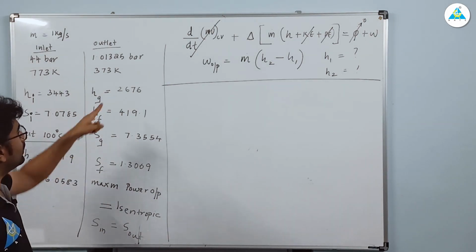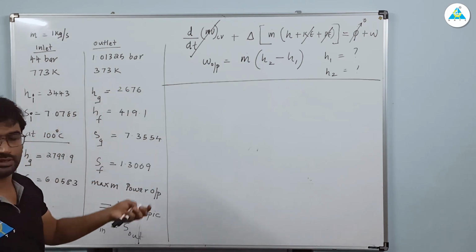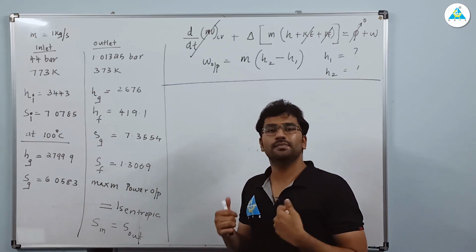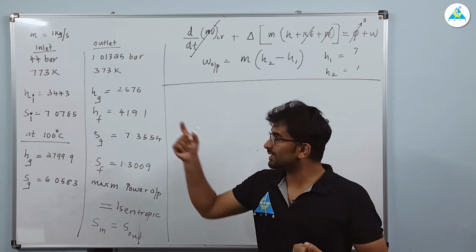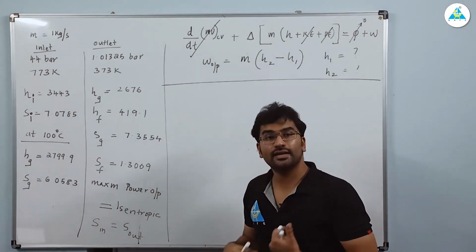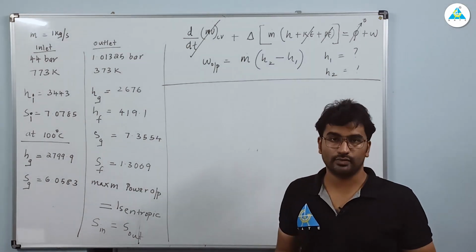No, because you don't know the quality at the outlet. The superheated steam is expanding and becoming a liquid vapor mixture. So you should know the quality at the outlet. Without quality, you cannot calculate H2.